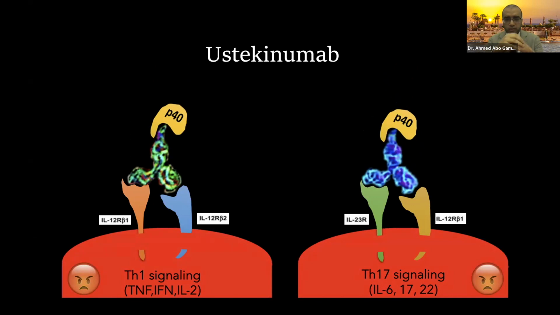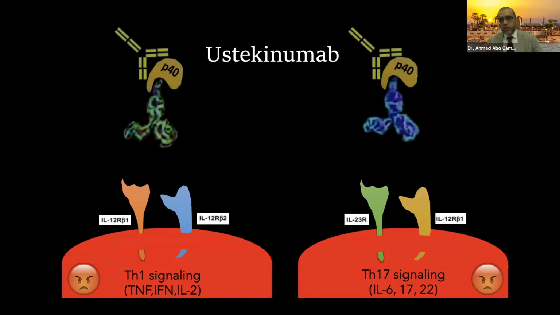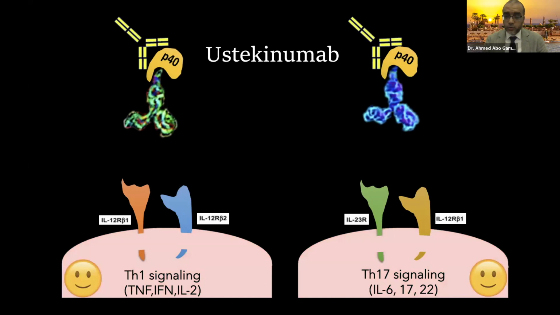Interleukin 12 is directed to T helper 1 with production of TNF alpha, interferon gamma, and interleukin 2, while interleukin 23 acts mainly on the T helper 17 pathway with interleukin 6 and 17 to 22 production. Ustekinumab blocks these two cytokines and so blocks the upstream cytokine sets secreted from two different types of activated T cells.